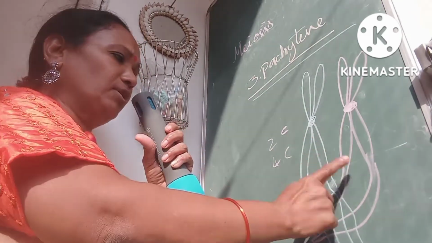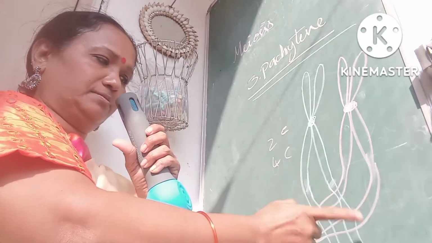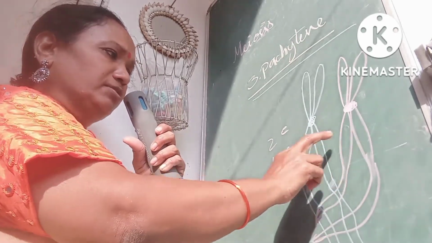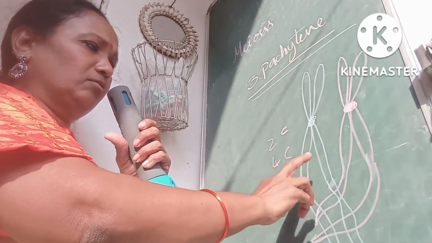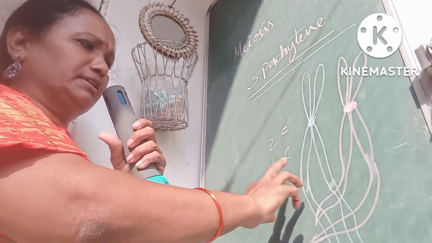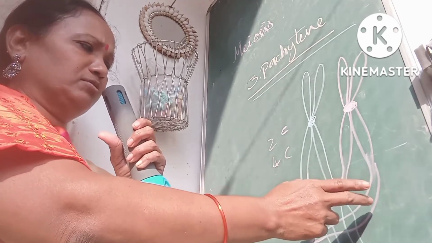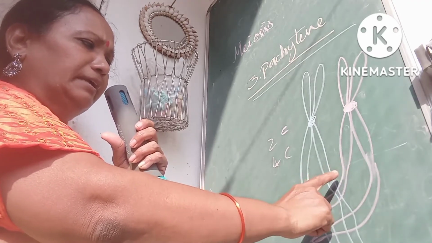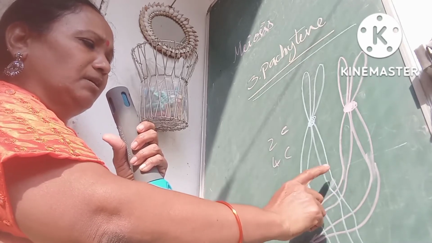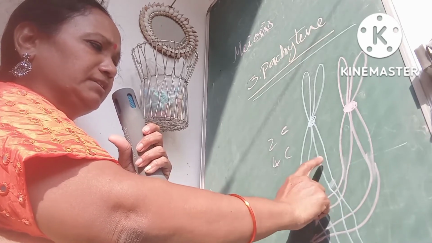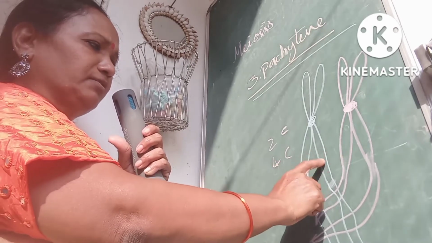between these homologous chromosomes. This is one homologous chromosome, this is another homologous chromosome. But the genetic material is not exchanged between these two. Only one of this and one of this exchange.